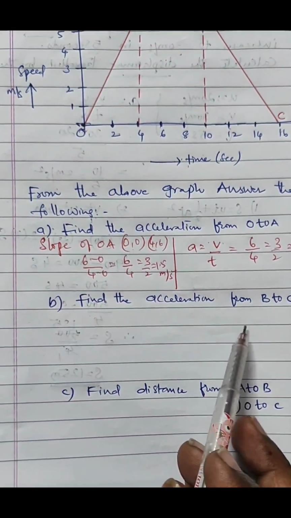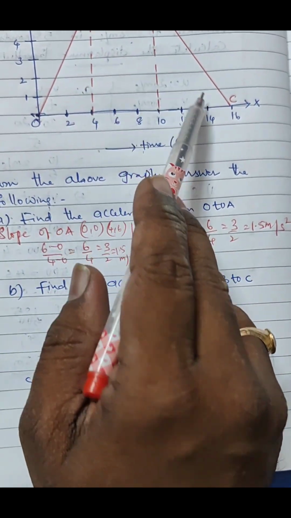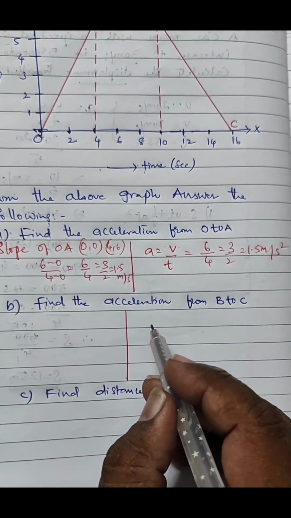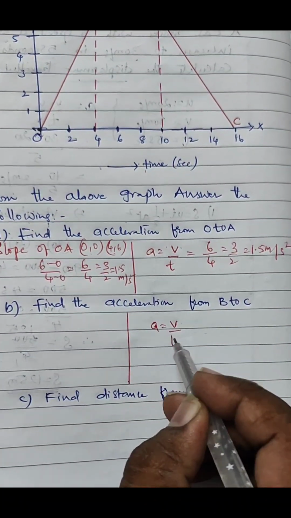Similarly, we go for the acceleration B to C. Obviously, we know that B to C is retardation, right? So we'll take again two different methods. One is acceleration equals velocity upon time.